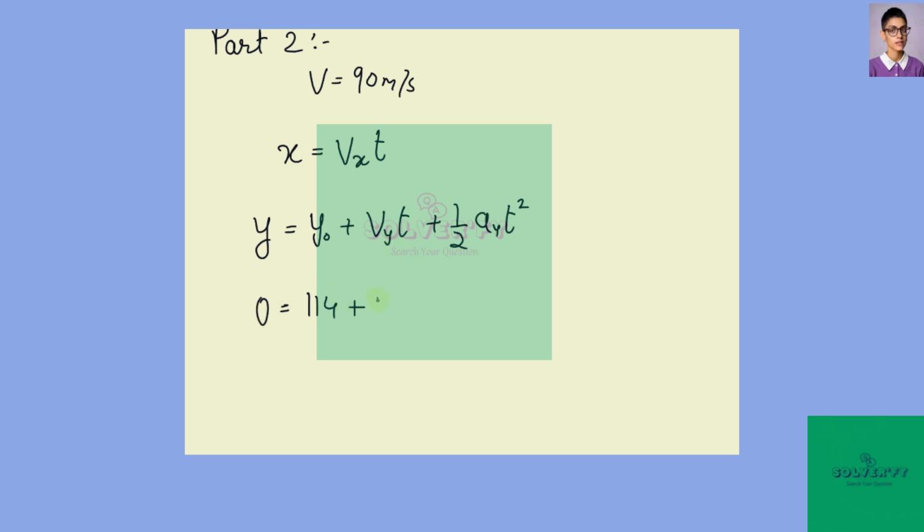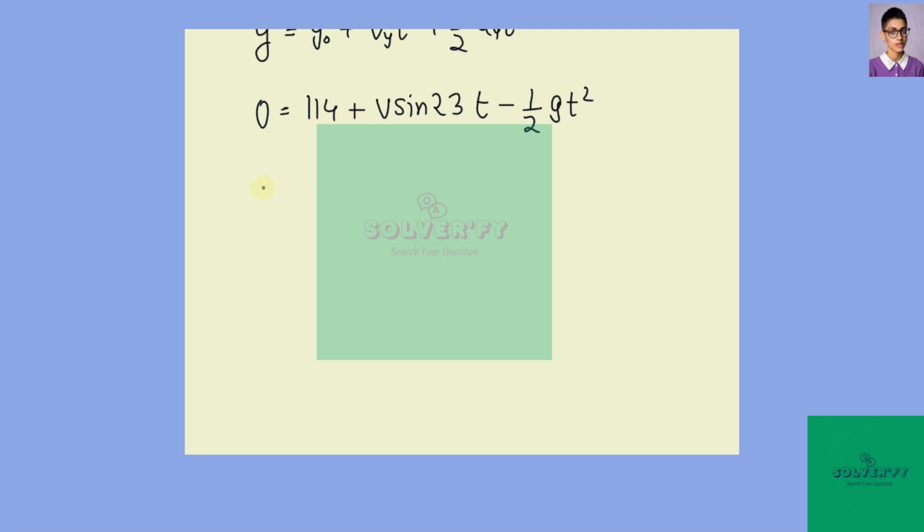Vy is V sine of 23 times t. Plugging in the values, 0 equals 114 plus 90 sine 23, which gives 35.165 t, minus 9.8 divided by 2, which is 4.9 t squared.